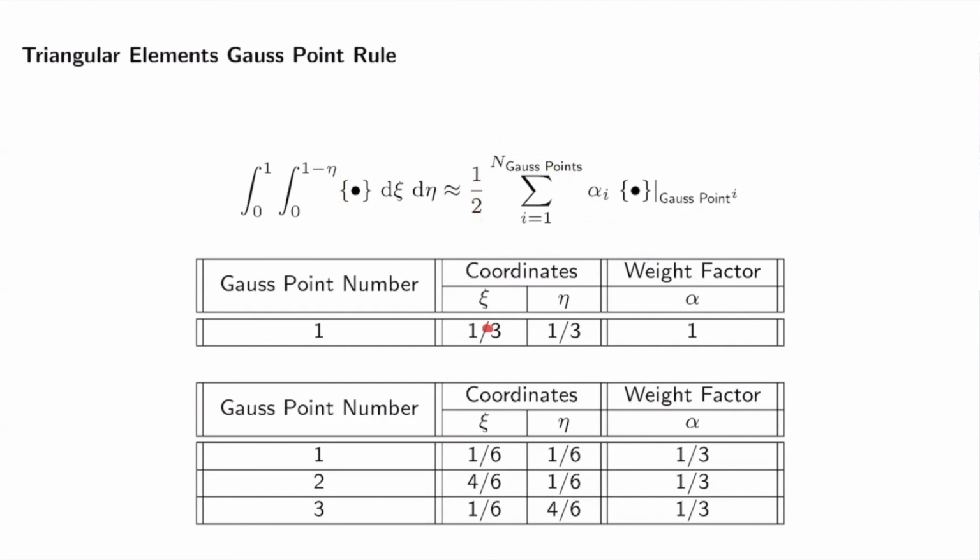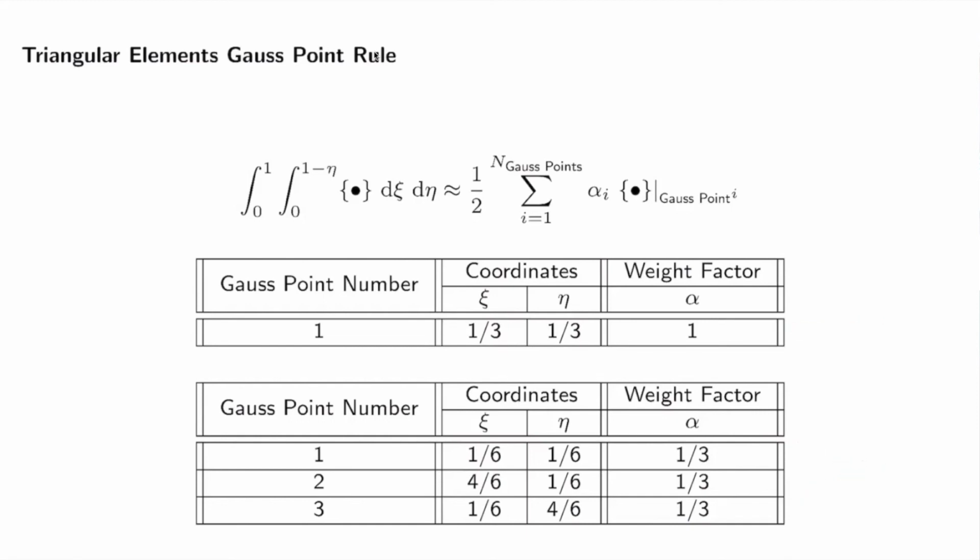And if you have 1 Gauss point, the weight would be 1. The coordinates are here. If you have 3 Gauss points, the weights are 1/3, and the coordinates are here. Now, if you see, the weight here is 1, and then the sum of these weights is also 1. Now, if you think of it, the sum here is 1, and then this is again 1.